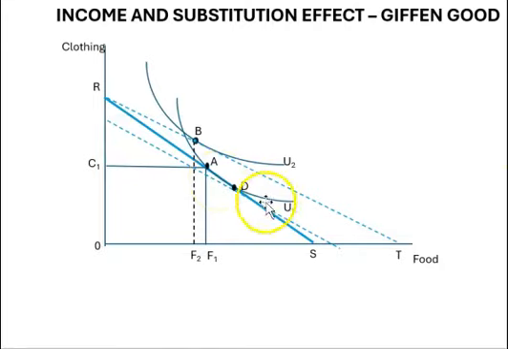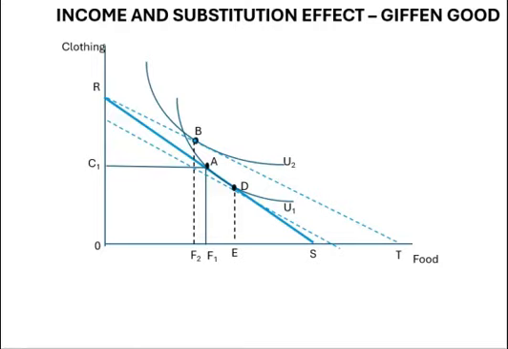We can see now this is at point D. At point D, consumption of food has actually increased by F1E. So let us break this down into the substitution effect and the income effect.